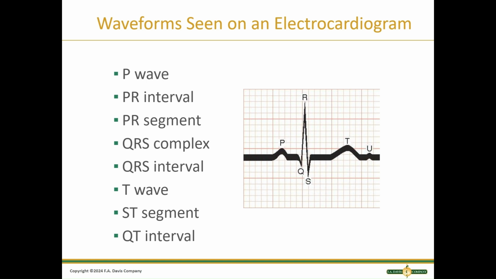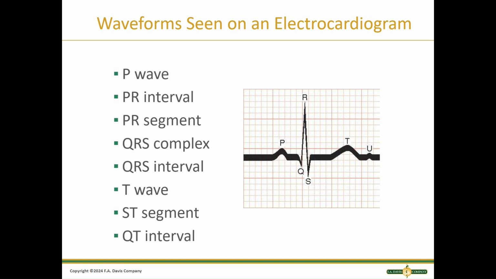We have a PR segment, and this is immediately following the P wave to the beginning of the QRS complex. The QRS complex, of course, responds to the ventricular depolarization, and that ventricular contraction occurs after the QRS complex in that ST segment, and that ST segment is typically what we're looking at when we're looking at patients with heart disease or an MI.